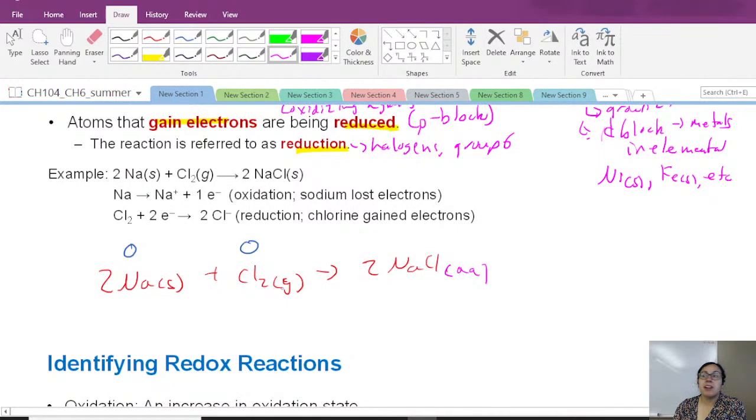Oh, you're fine. So then what's sodium's oxidation state here? So would it be zero still, or no? No, so now it's +1, because it's in a compound. And then what about chlorine? It's now in a compound. Yeah, -1, remember?